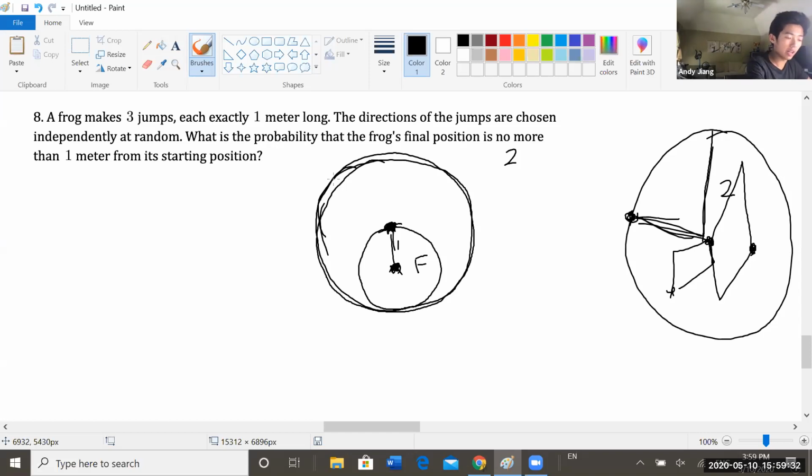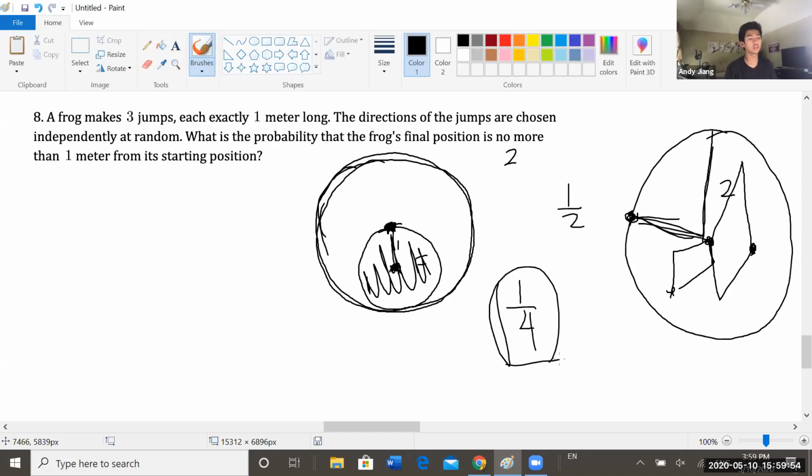The area that I want is to end up back inside this circle, because I want it to be no more than 1 meter from the start. So the final step is to find the ratio of the shaded area to the total area, which is 1/4 because the radius is half. So 1/4 is the answer, and it took a little bit of insight to do it.